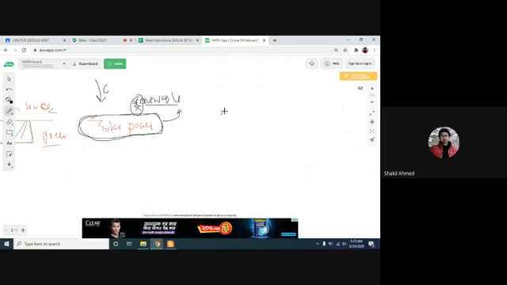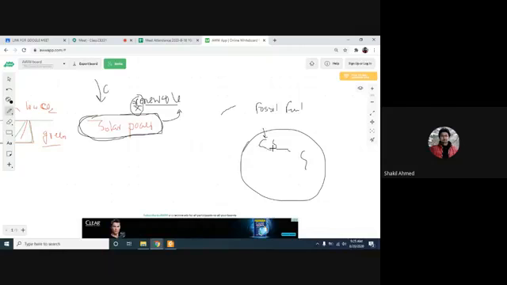But in the case of fossil fuel, where do you get this from? You get this from storage inside the earth, right? And these fossil fuels are limited. The carbon which was entrapped in the earth's soil for millions of years, in the form of carbon hydrogen chains, is fossil fuel.